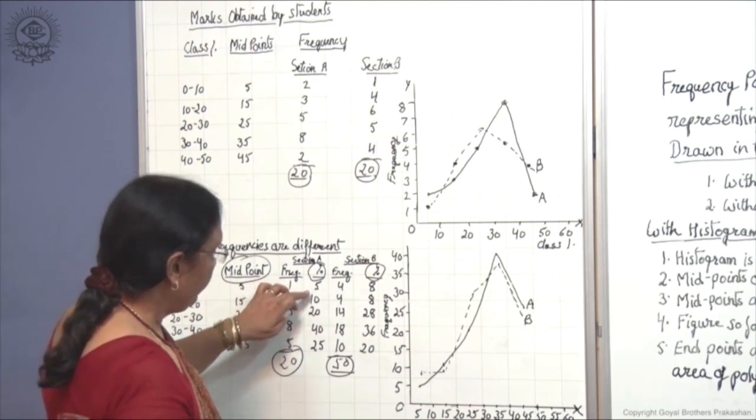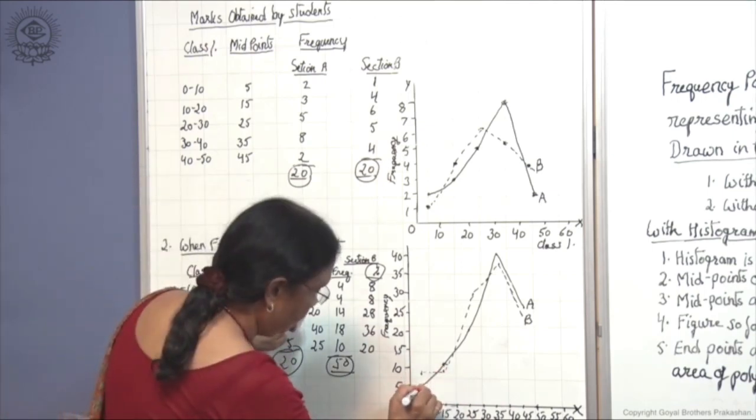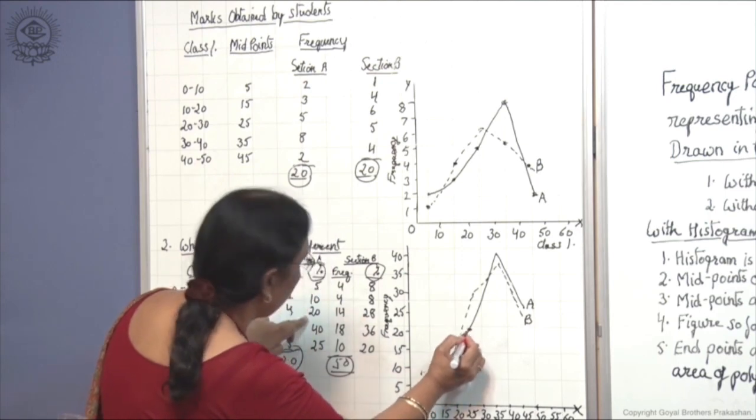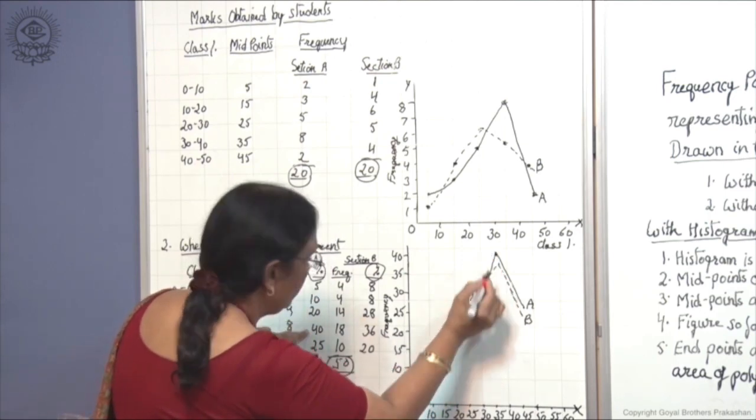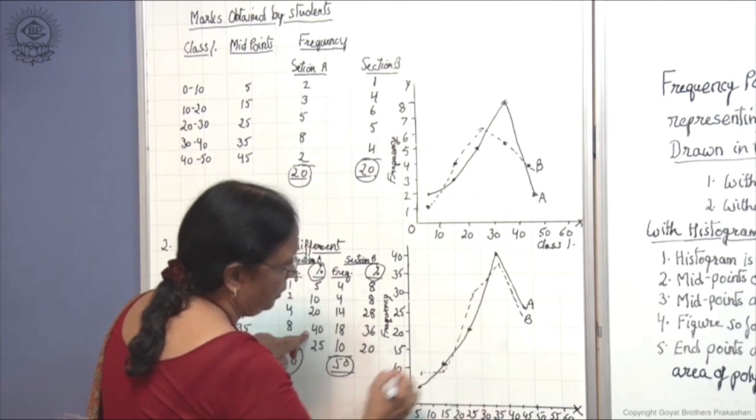And we get 5, 10, 20. This is 5, this is 10, 20, 40 and 25.